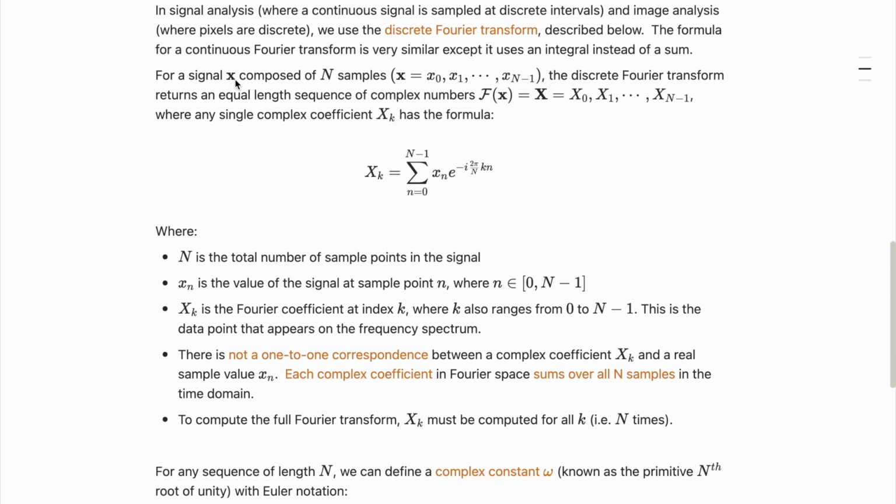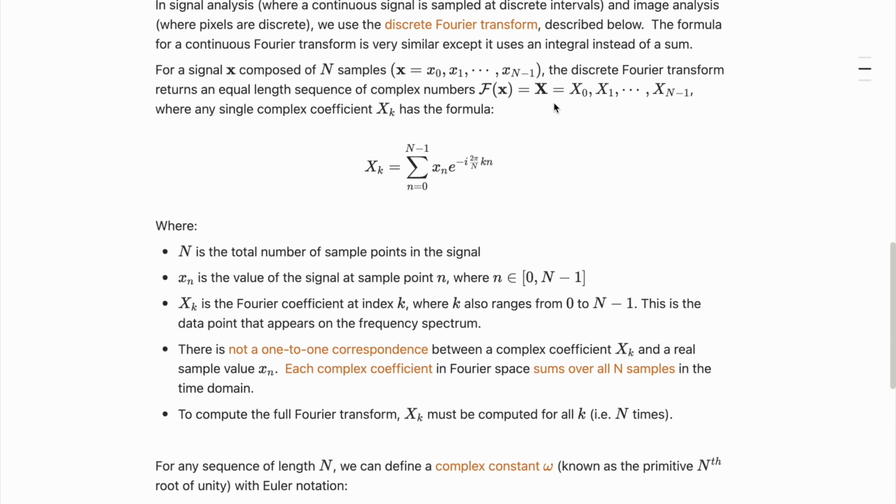We start with a signal x that is composed of n samples. Each sample point is x0, x1, all the way to x sub n minus 1. And once we take the Fourier transform of that signal x, we end up with another array. This array is an array of complex numbers, big X0, big X1, big X sub n minus 1, but it has the same length as the original signal array. So it has length n.